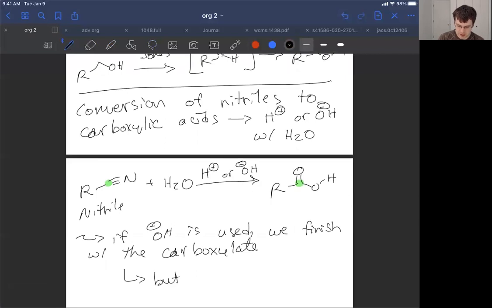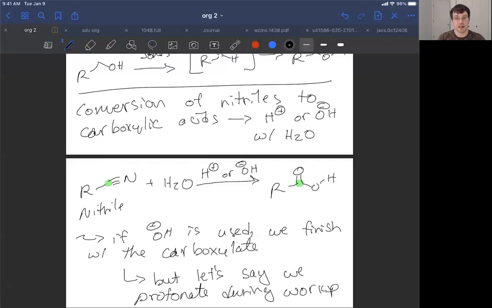But let's say we protonate things during workup. So we do some sort of workup where we add a bunch of H plus, not to facilitate the transformation, but just to get us to a neutral carboxylic acid when we're all said and done, and get rid of our excess base that's lying around. Okay, so we can use either H plus or OH minus.